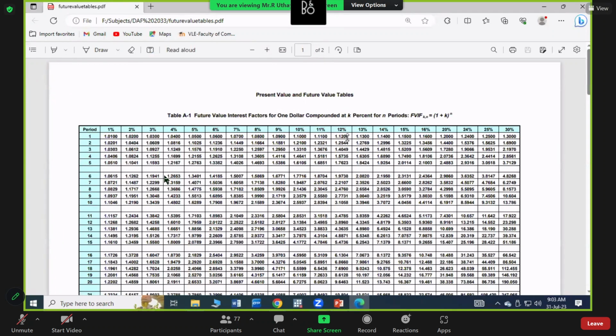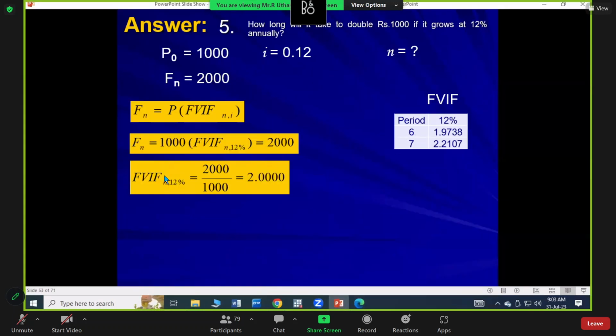You come across nothing exactly, but at year 6 you have 1.9738, so you take it as period 6.